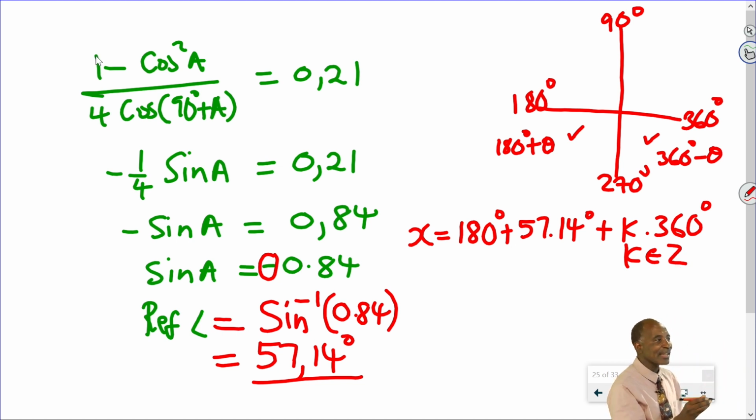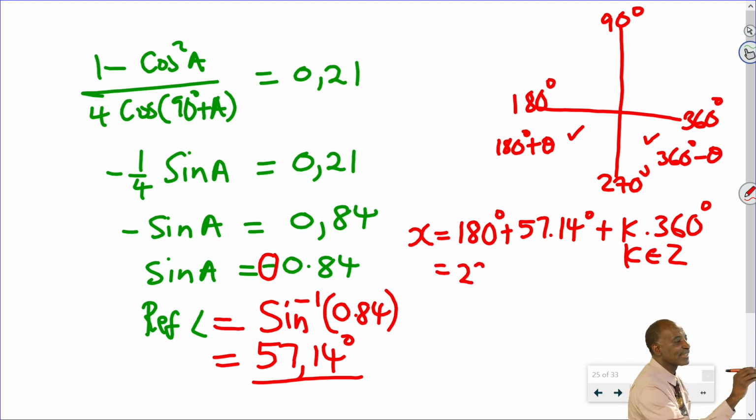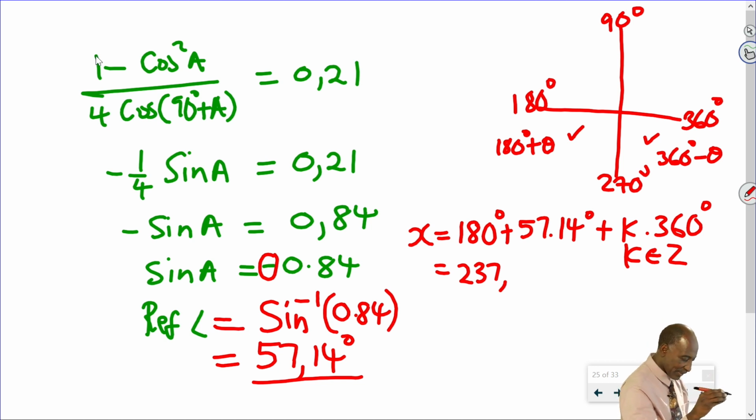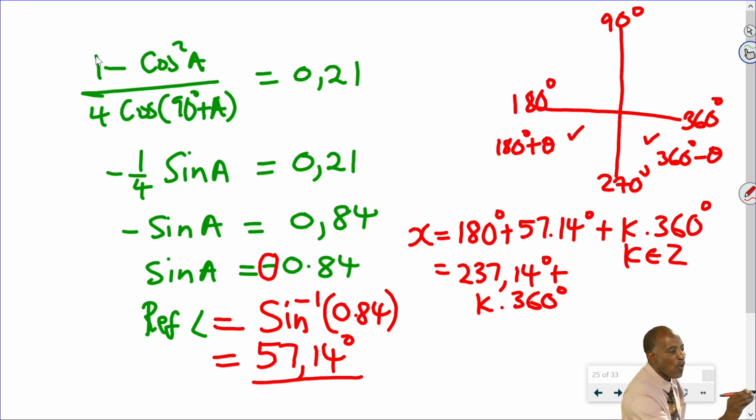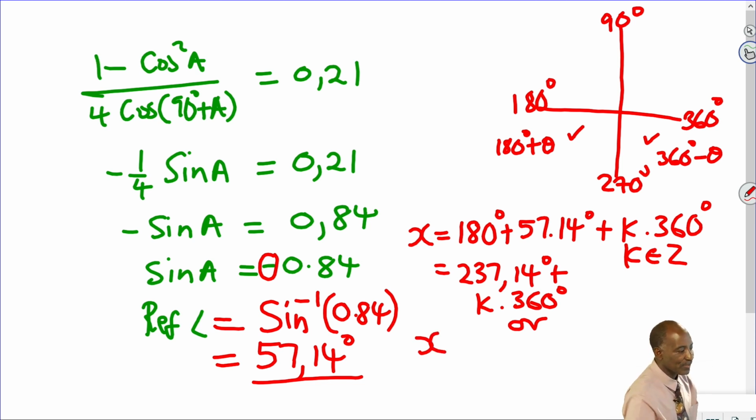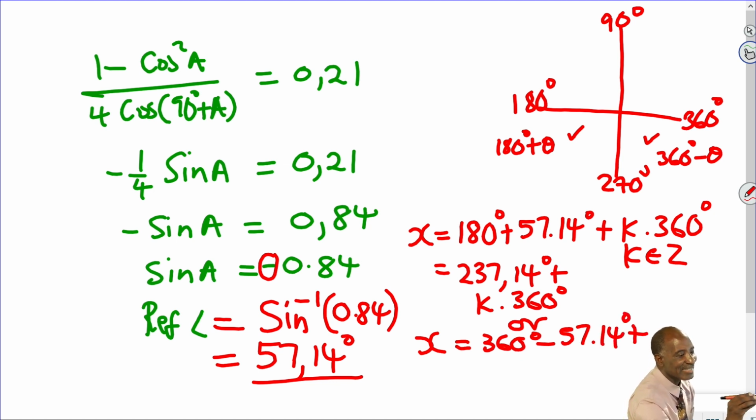That's the general solution. Then you add the two and get 237.14 degrees plus your period k 360 degrees for k element of integers. Or on the other end, your x is going to be 360 degrees, which is now the fourth quadrant, minus the same reference angle, 57.14 degrees, then plus the same period, 360 degrees.